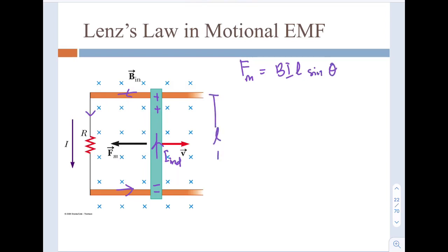Your L is perpendicular to the B, therefore you will have sin 90 equivalent to 1.